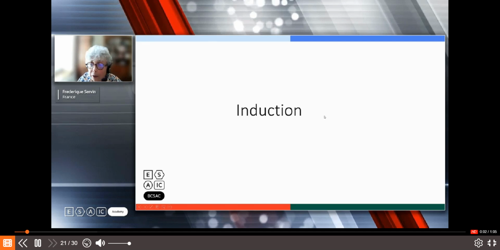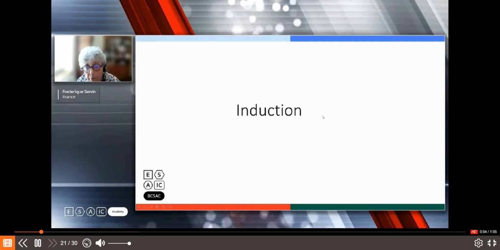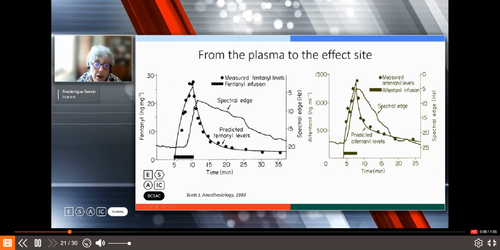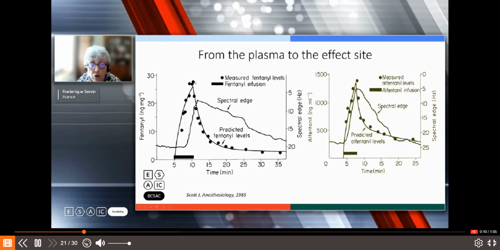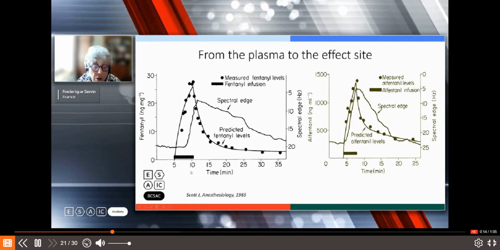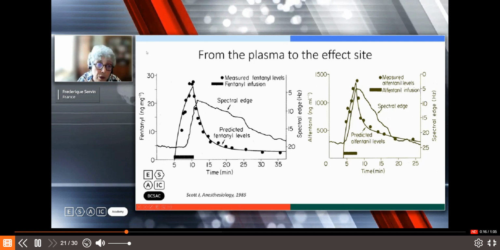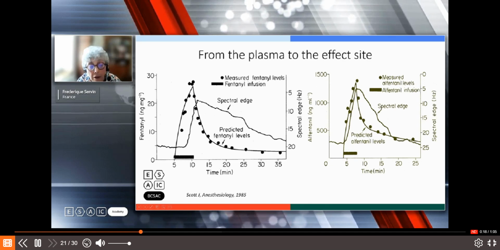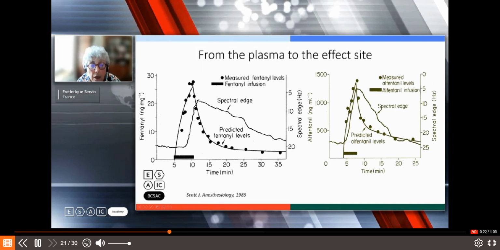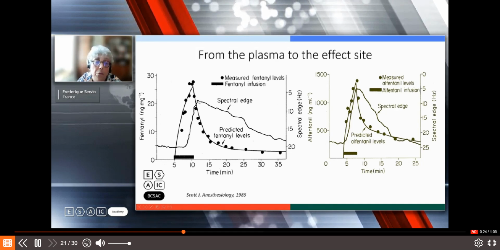At induction of anesthesia, there is a delay between the plasma concentration of the drug and the effect. For example, in these works by Scott, which are 40 years old, he gave fentanyl at high doses in order to obtain EEG changes.